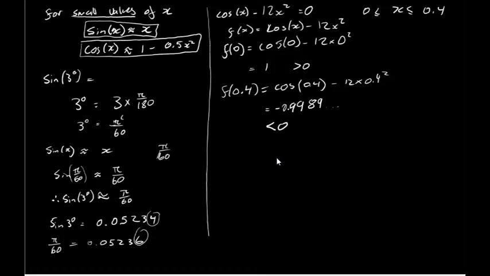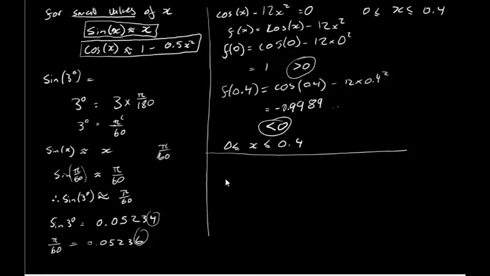Therefore, there is a root which lies between 0 and 0.4. Because we've got one which is at 0, it's greater than 0, one which is less than 0, so it has to be between those 2 points.